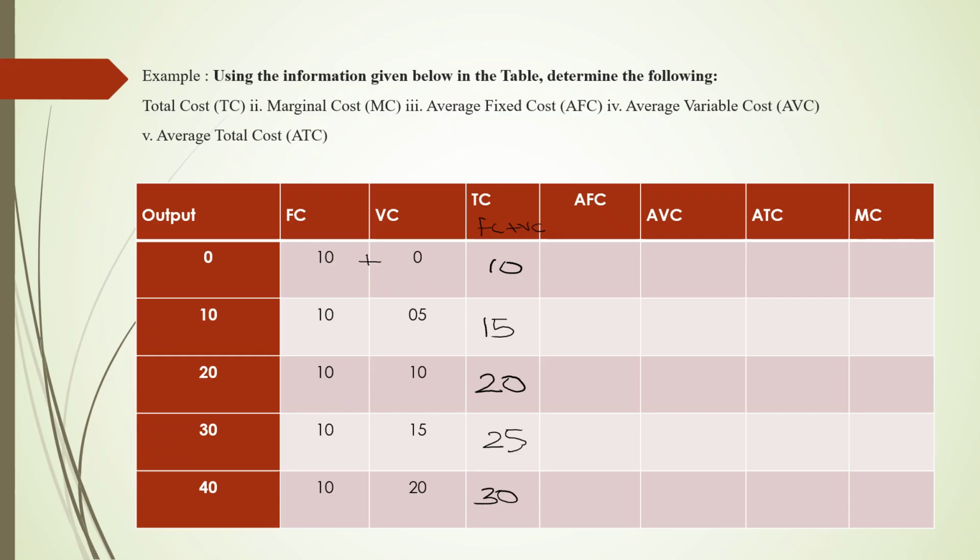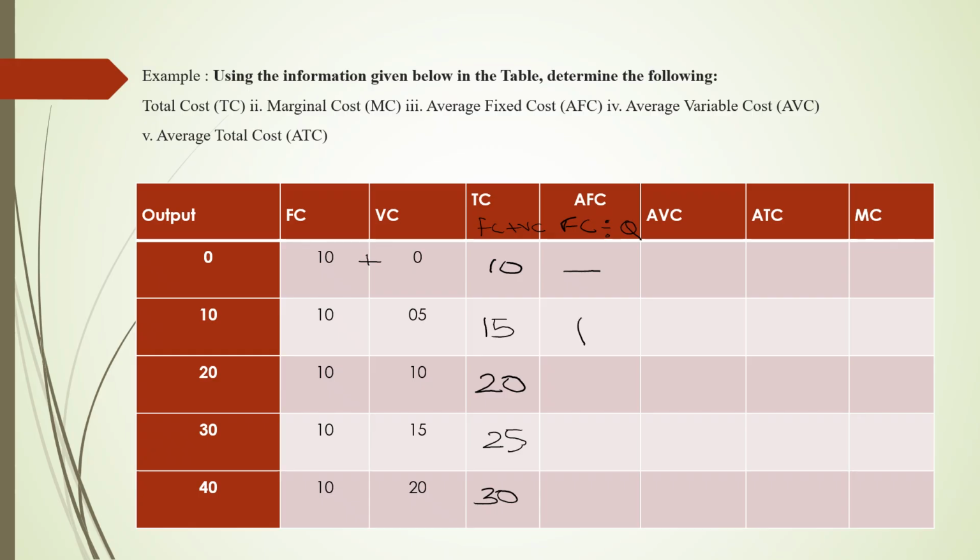Now we will calculate average fixed cost. Average fixed cost means we will just divide fixed cost by output, or divide by quantity. So what is fixed cost? 10 divided by 0, it will come dash. Again 10 divided by 10, 1.